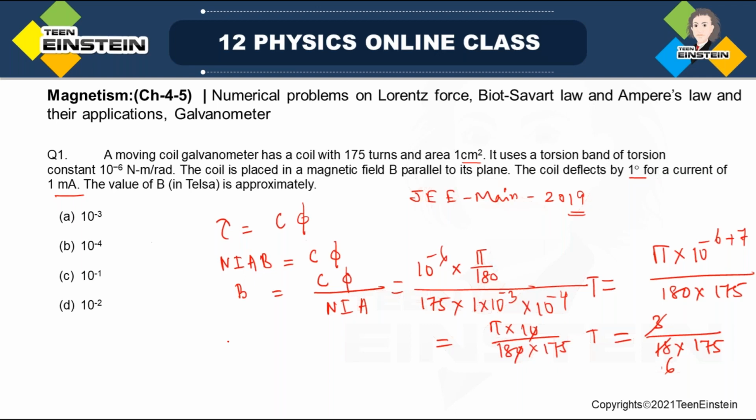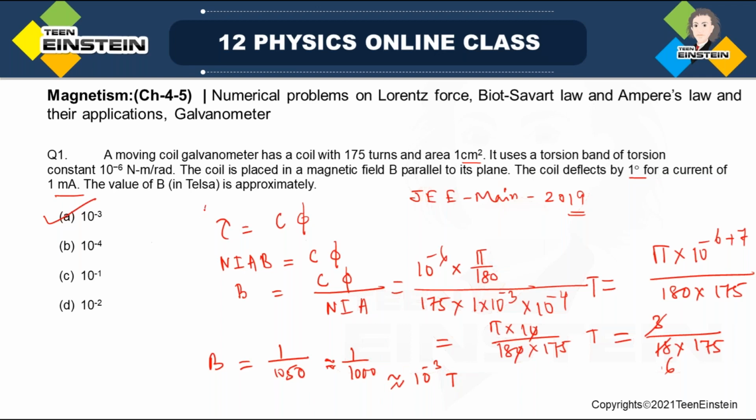So basically B is 1 over 5,630, which is approximately 1 over 1000. That means this is approximately 10 to the power minus 3 Tesla. So the magnetic field we have found out is approximately 10 to the power minus 3 Tesla.